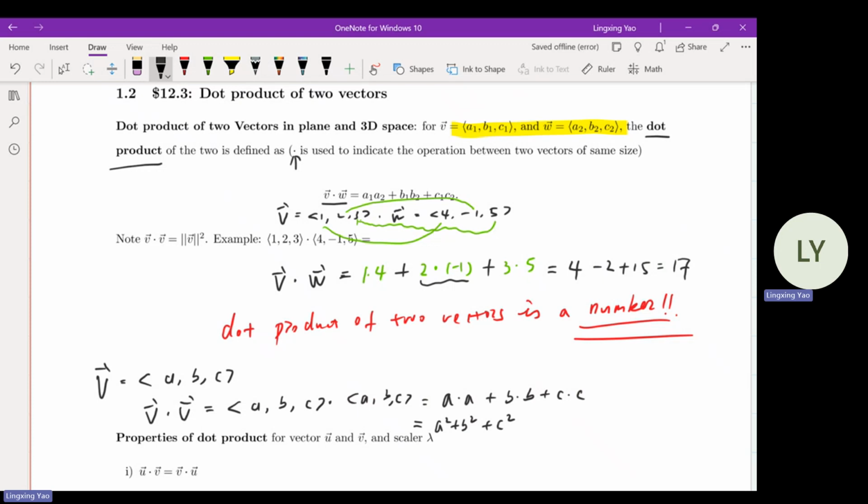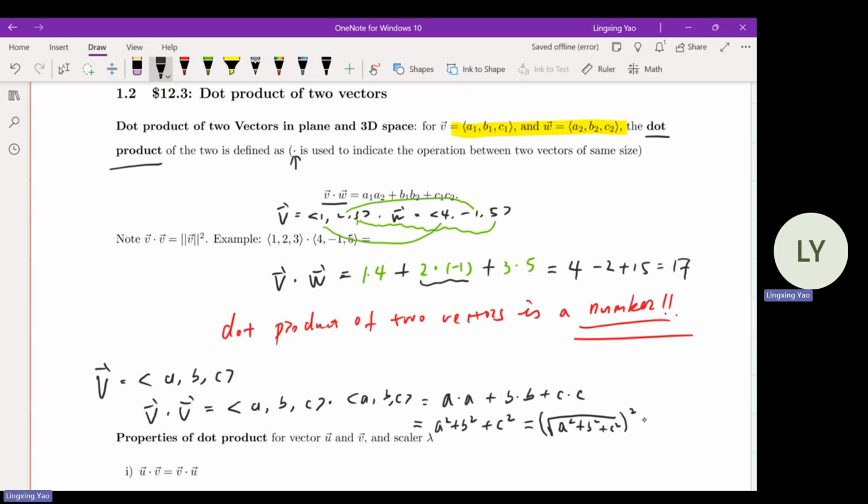And we should see this is nothing but the length. Well, what I should do is write this as the square root of a squared plus b squared plus c squared, and then squared.